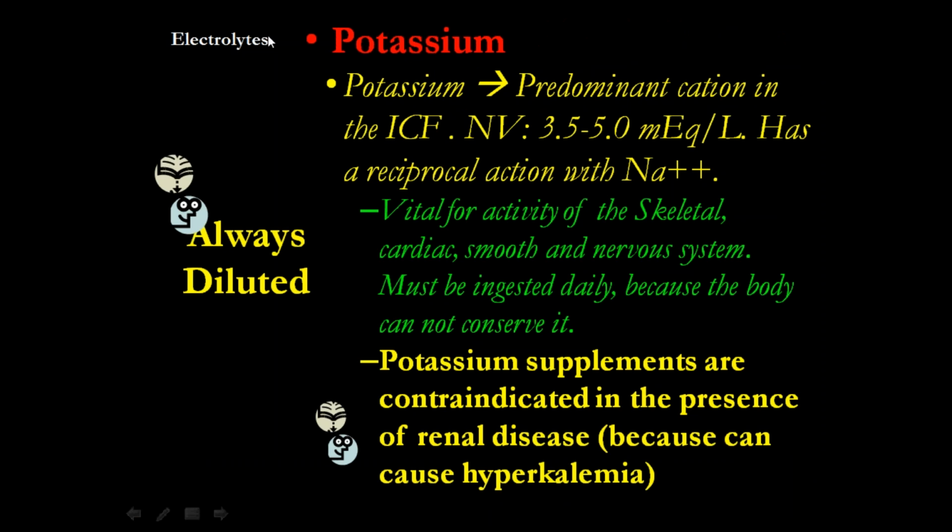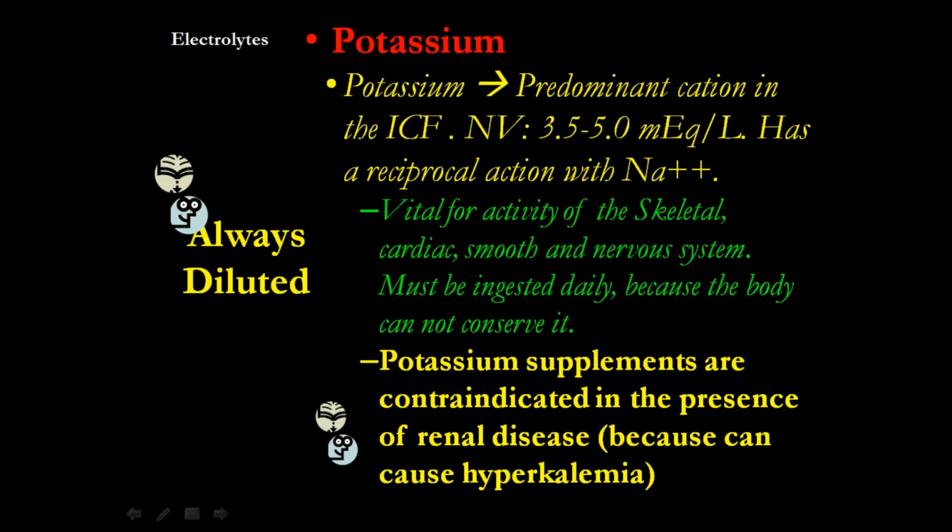All right, so potassium. Please open eyes, open ears about potassium. When you are going to administer potassium, this potassium always needs to be diluted in about 20 cc of water and given as a slow infusion.